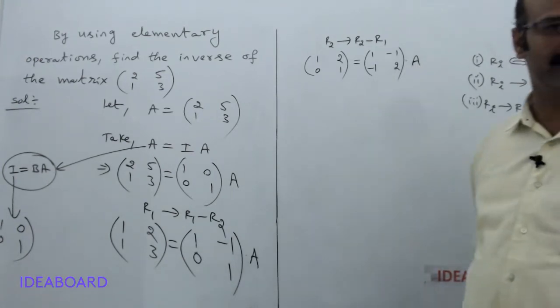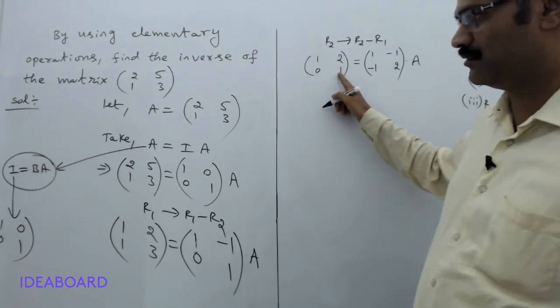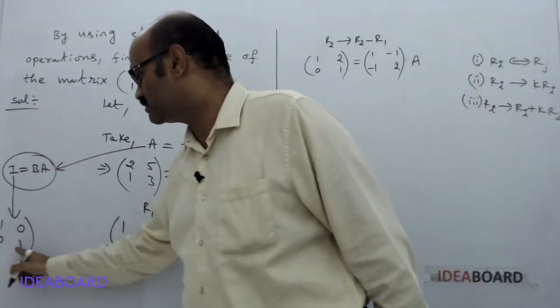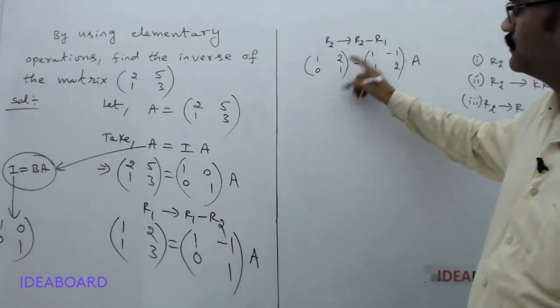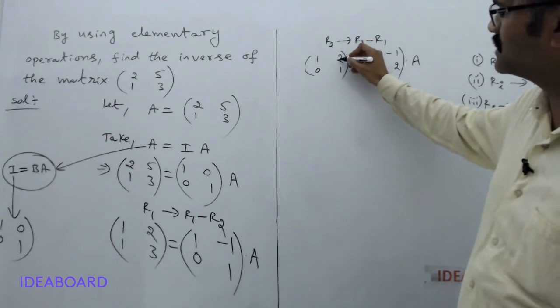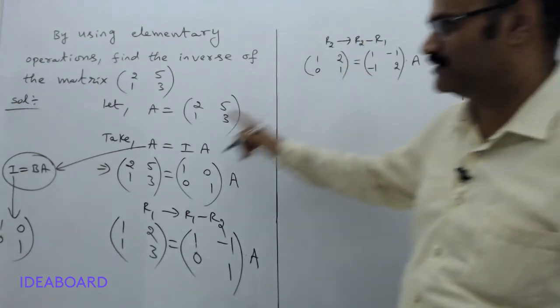we have A here. Now we have to concentrate on this element now. [1, 0; 0, 1]. Yes, in the place of 1 we are having 1 only, so no problem. Now here we have to concentrate on this element 2. In this place we have to get 0.